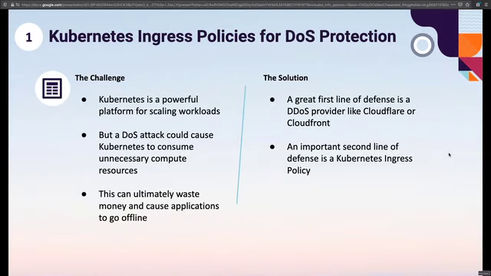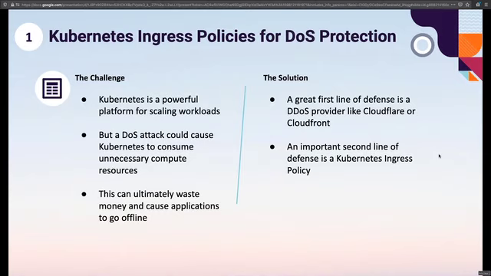But ultimately, if there is an attack against your application, that's where having the inability to mitigate that attack can cause you to consume unnecessary compute resources. Now, this is a common problem. This isn't the first time that we've all had to deal with denial of service challenges.